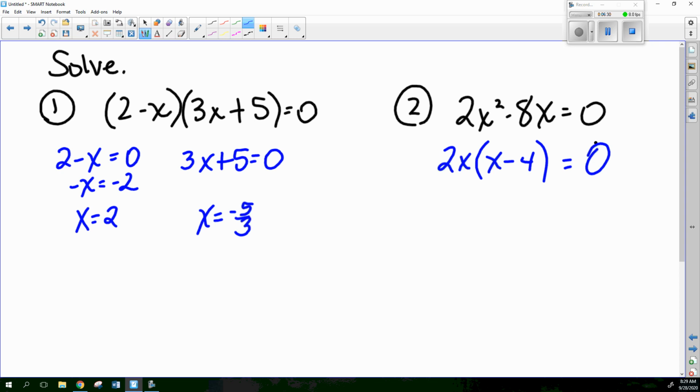Now, I've got 2 factors. Make sure you understand. The one in front of the parentheses is a factor, and the one inside parentheses is a factor. So I have to set each factor equal to 0 and solve.